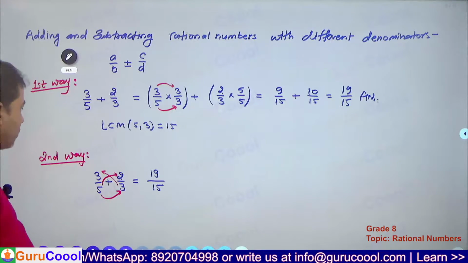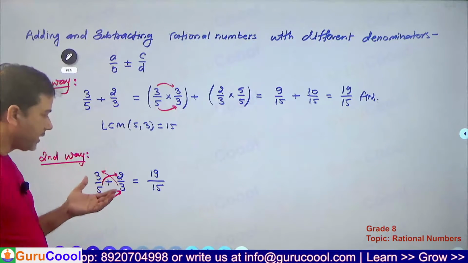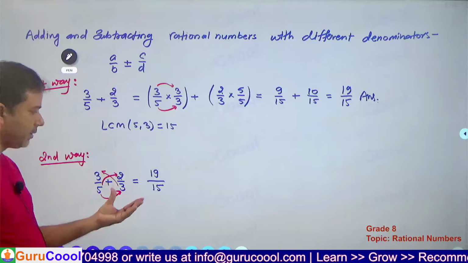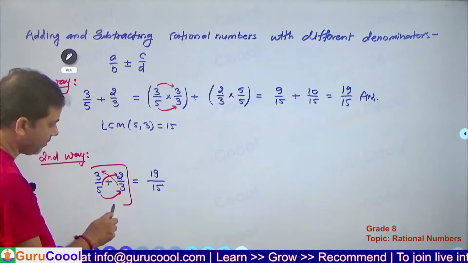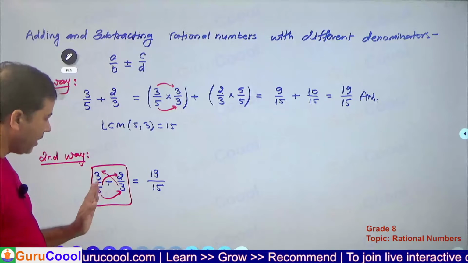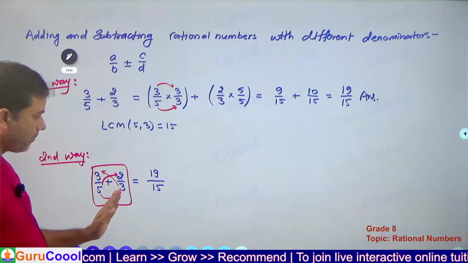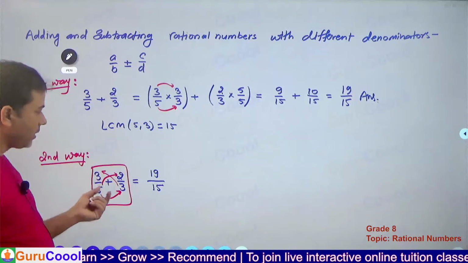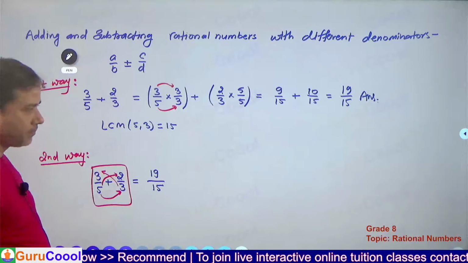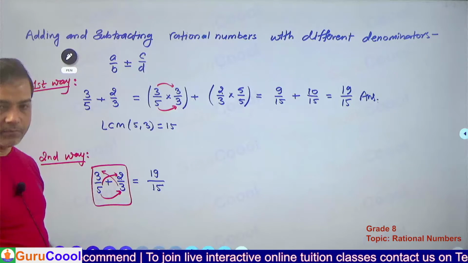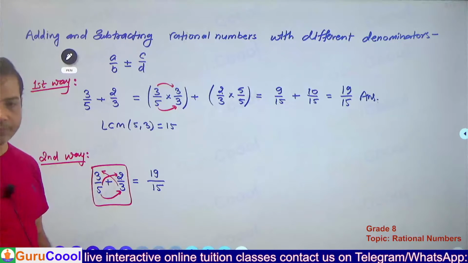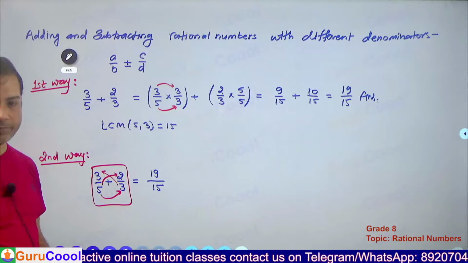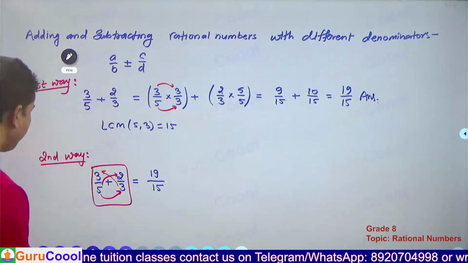So remember, this shorter method works well with two rational numbers. If you have only two rational numbers to add, you can quickly write the answer like this. Any questions? No, sir.